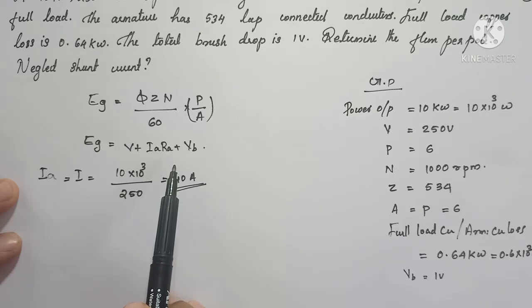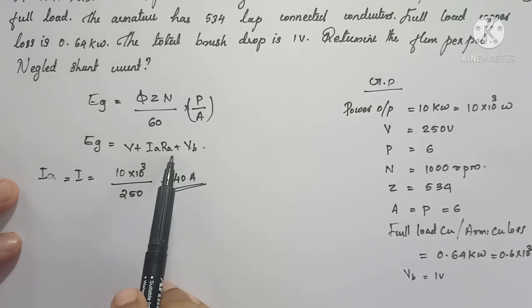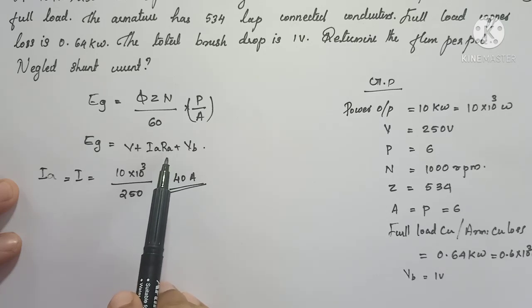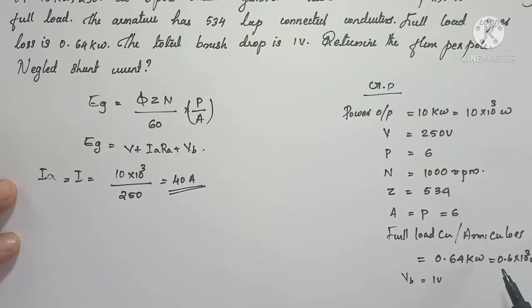Armature current is given. So we need to find the value of this Ra. Ra is unknown. But we know that full load copper loss is already given. That is 0.64 kW.